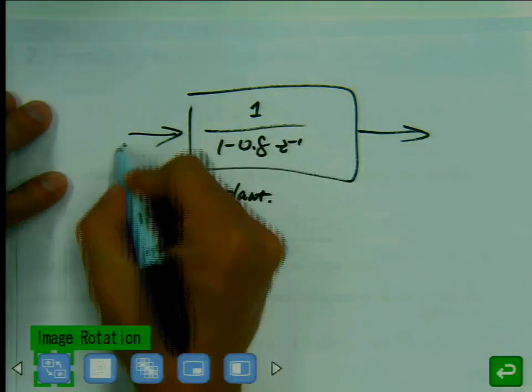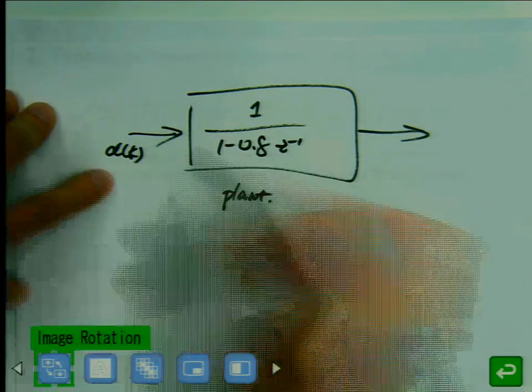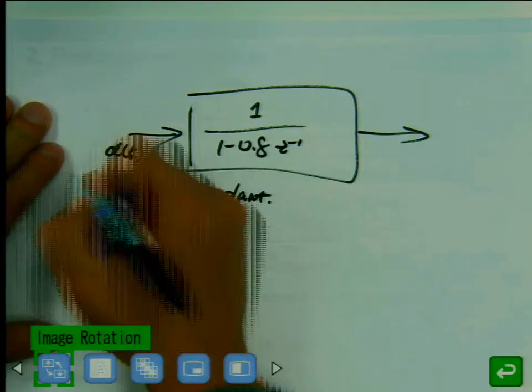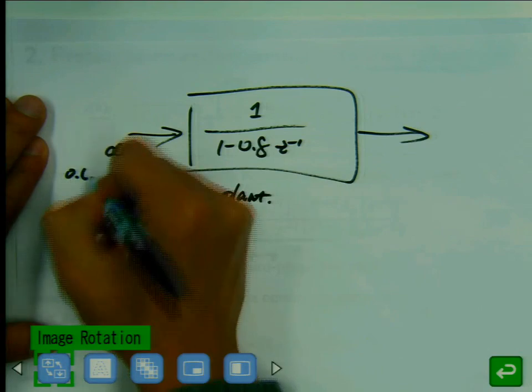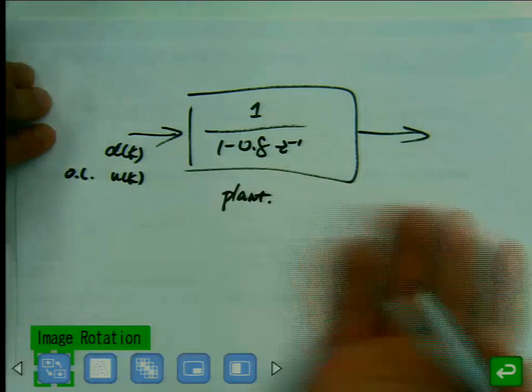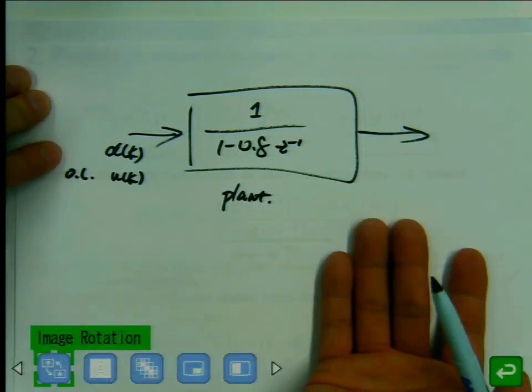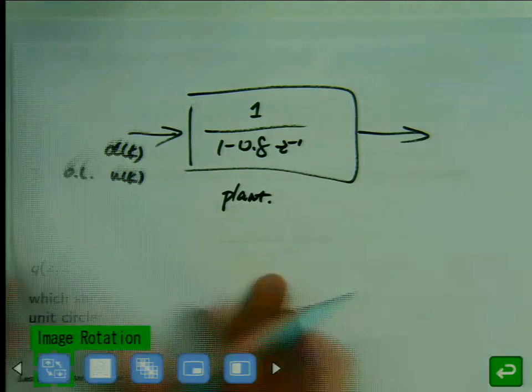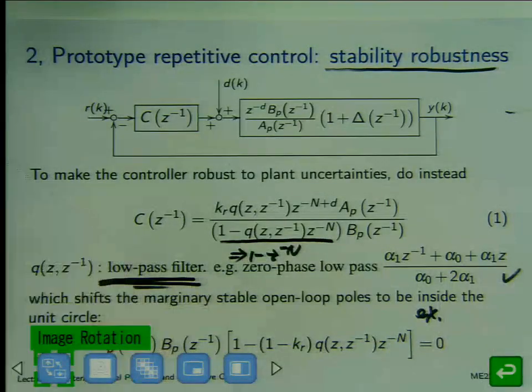No matter how you inject disturbance in the system, or even in the case you have open loop control, if you have general UK, just consider this system itself, is it stable or unstable? Stable, right? So that's what I meant. If the plant is stable, then regardless of your disturbance, it's stable.